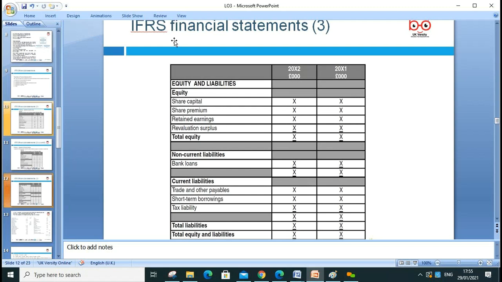Then we have equity and liabilities. Equity: share capital, share premium, retained earnings, revaluation if we have it, that goes here. Then we add. Then we have non-current liabilities. A bank loan is long term. Current liabilities are short term: trade and other payables, which are also known as the purchase ledger control account, which we said earlier. Short-term borrowing if we have it. Trade liabilities if we have them. We add them all and say what my total liability is.